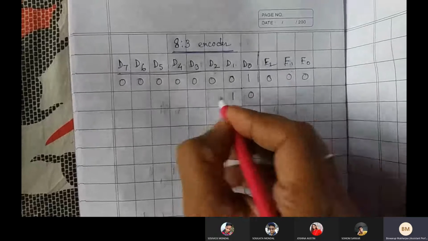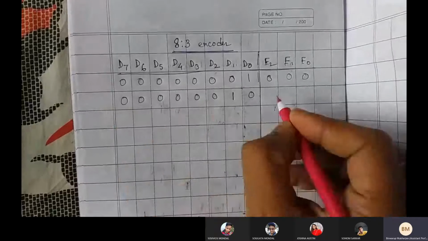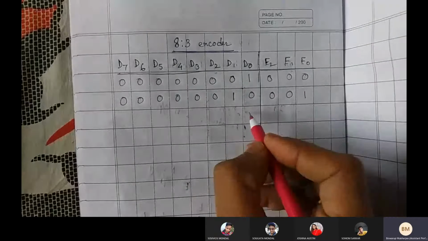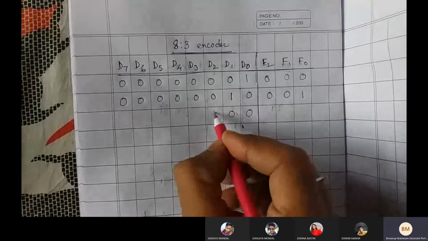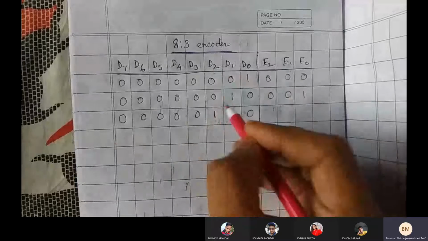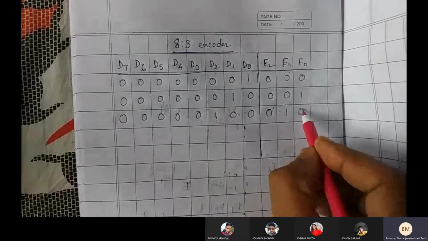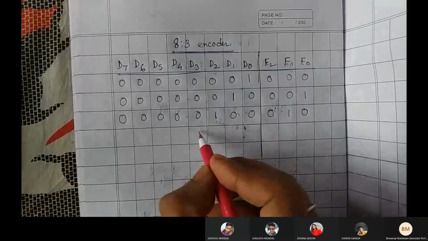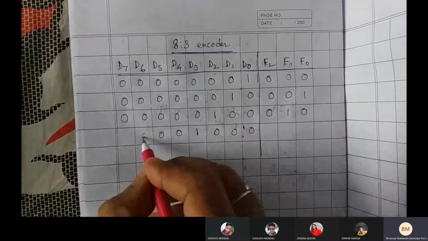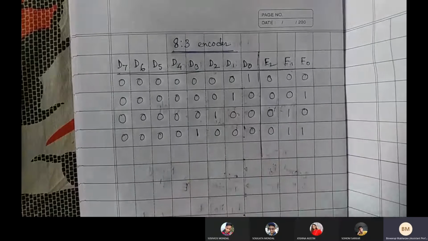Similarly, if D1 is 1 and the rest are all 0, that will be written as 0 0 1. If D2 is 1, rest all are 0, then that will be treated as 0 1 0. If D3 is 1, rest all are 0, then it would be 0 1 1.